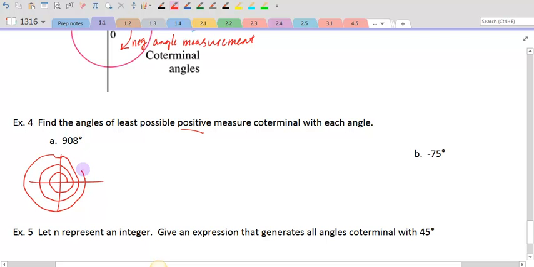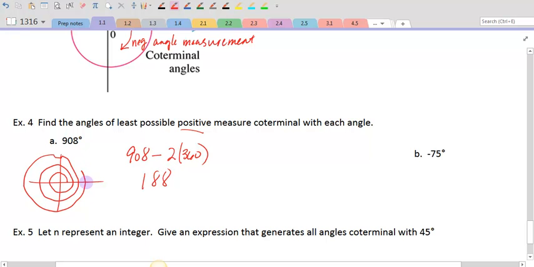So I know that I'm going to travel a total of 908 degrees, and I'm going to subtract that from what I believe would be 2 times around, because 2 times 360 is 720, because I know those multiples. And if I subtract 908 minus 2 times 360, I get 188 degrees.